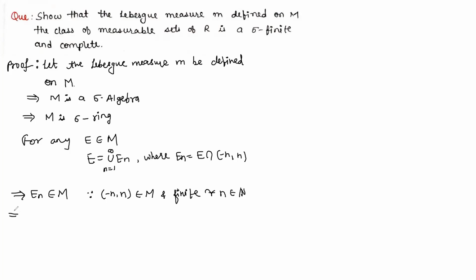So now the measure of this set E_n is less than or equal to 2n for n belonging to the set of naturals. So this implies that the measure m is sigma finite.